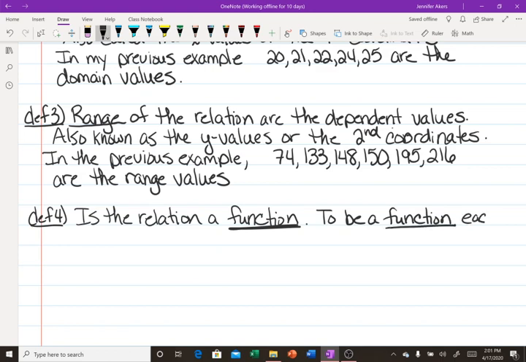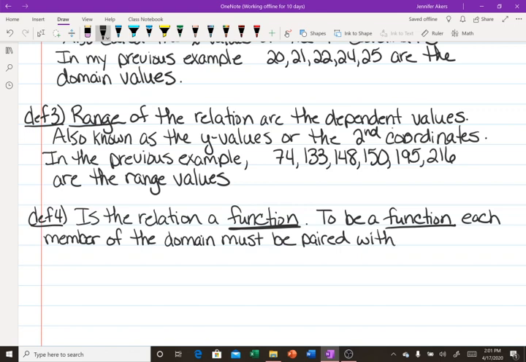each member of the domain must be paired with exactly one member of the range.